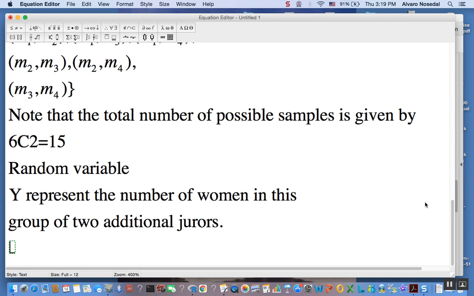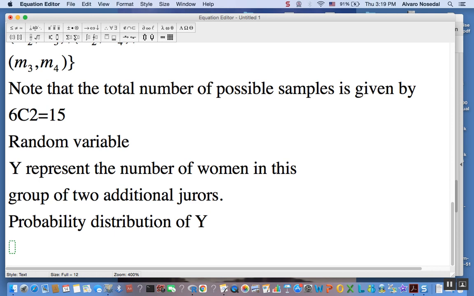Okay, so first we need to construct the probability distribution of y. We need the list of possible outcomes. So we are sampling, we have samples of size 2. Okay, and we are counting the number of women included in that sample, right?